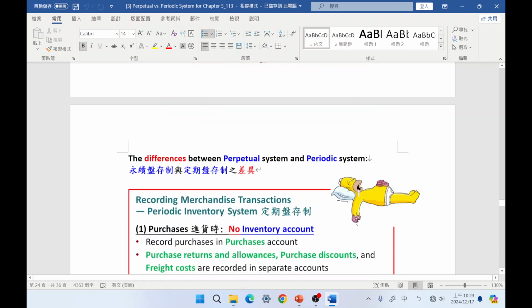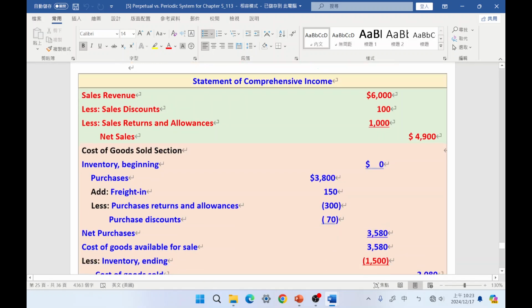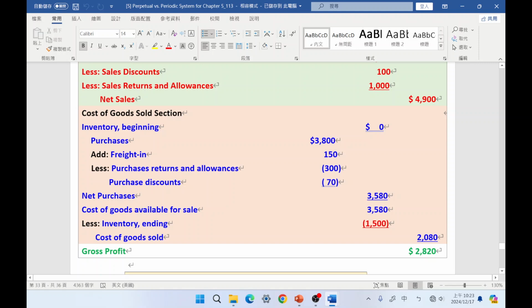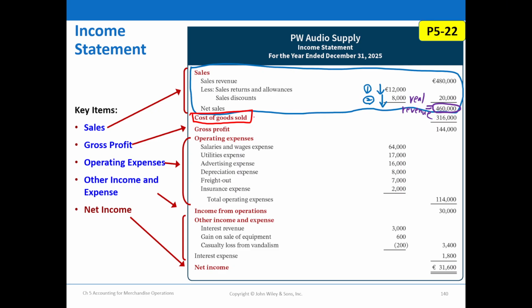How about periodic, on your page 33? For cost of goods sold, we will show the whole process: beginning inventory plus net purchases minus ending inventory, we get cost of goods sold. We show the whole process. So that's the difference. Right here you should be careful. It's not very simple. It depends on whether you use perpetual or periodic.